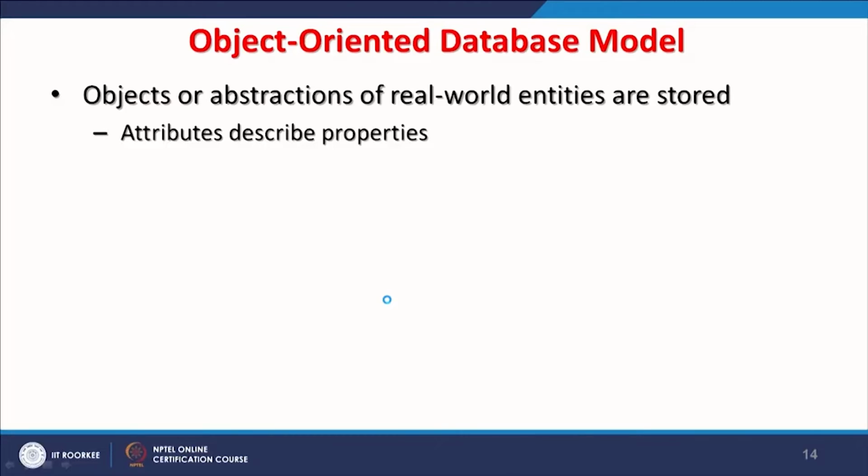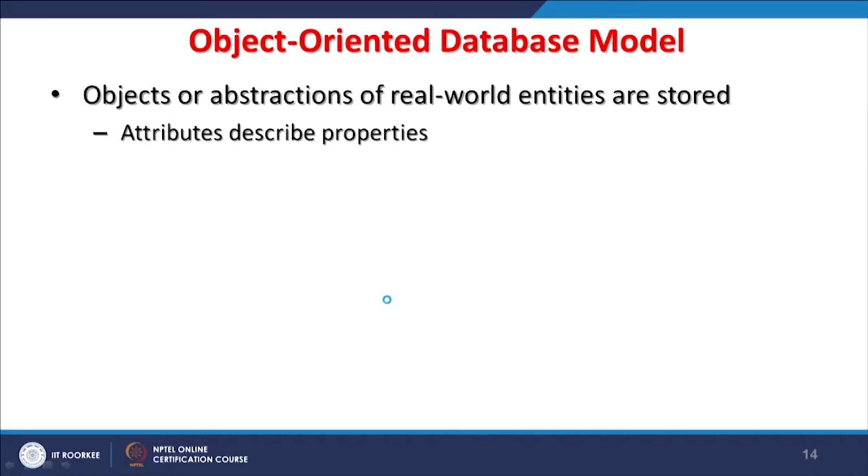Now, one more type of database model which we can discuss is the object oriented database model, or object oriented programming, which people call OOPS. It is on the same concept that objects or abstractions of real world entities are stored. This is what we are doing in GIS also. We are representing the real world in abstract form. Attributes describe properties.